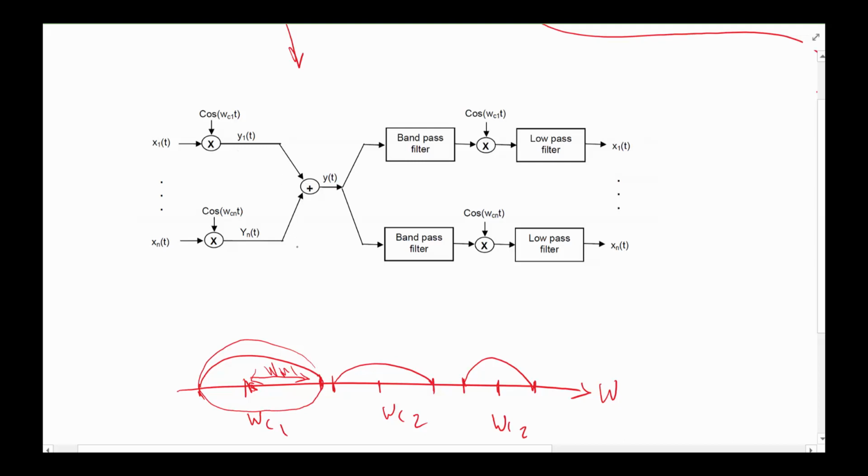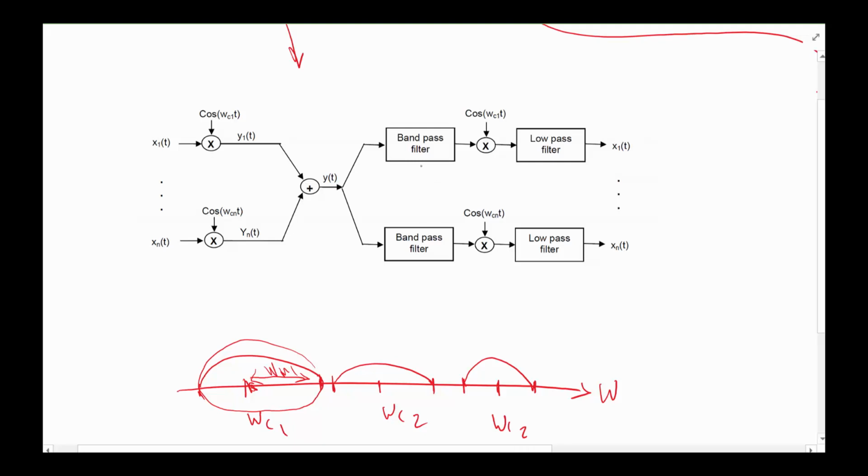And at the same time, I might have an omega c n, each one at a different center frequency. So they're going to be modulated to different parts of the frequency spectrum across the x-axis. Then I'm going to mix them together in a medium like a coaxial cable, copper cable, or simply air, and then I'll send it to the receiving end.